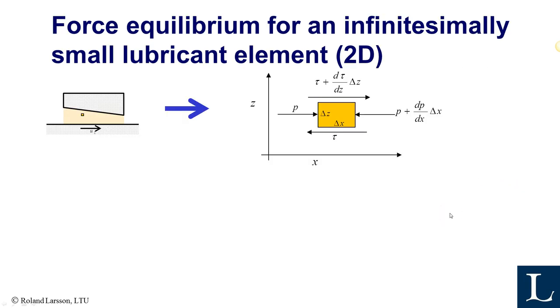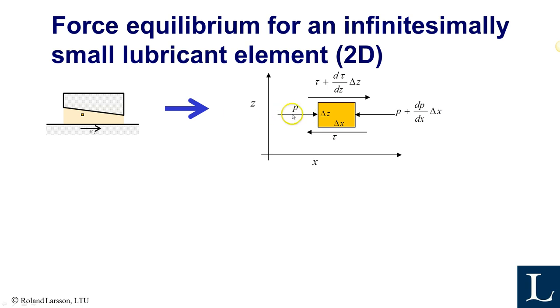The first step is then to take one small element in the bearing again, and we study a small, infinitely small element inside the lubricant film, and then we apply the forces on that element.